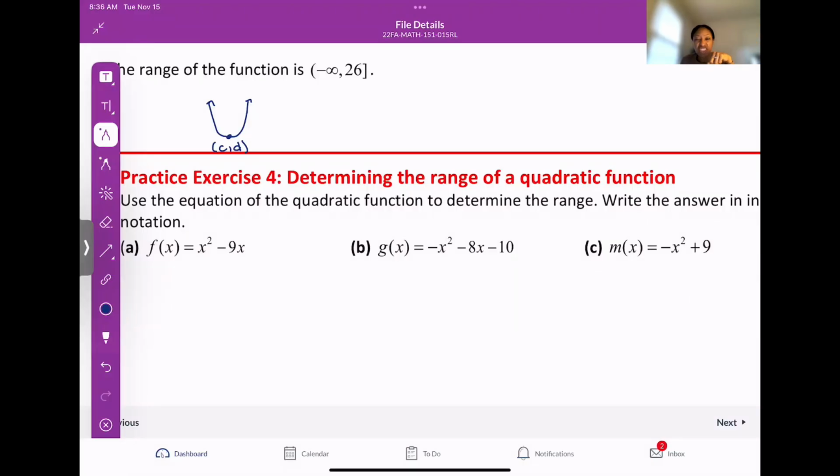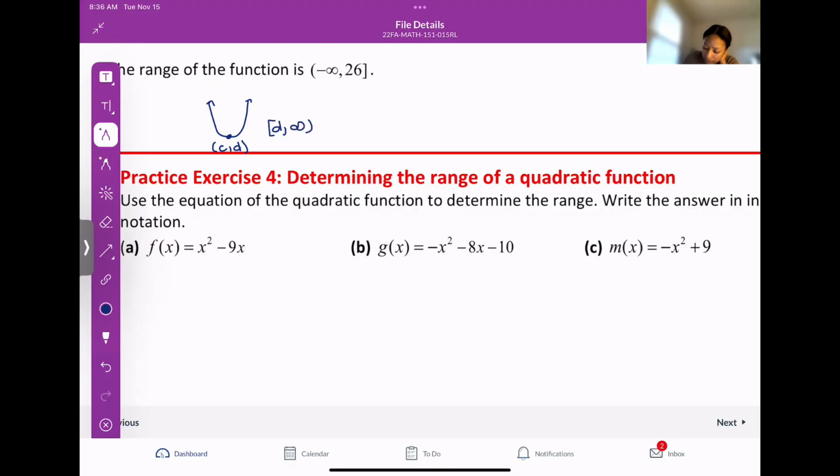So whatever this value D is, that's the y coordinate, that's the smallest possible value we can have for y. So the range would be from D to infinity, and D would be included.